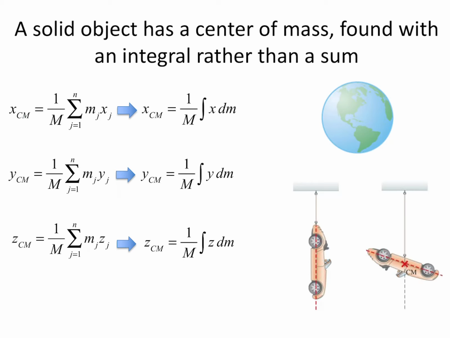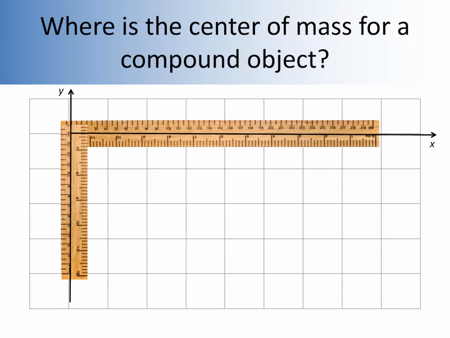Now, if you have a continuous distribution object, you have to use integration. And sometimes the center of mass of the object can be outside of the object itself. For example, this ruler, the center of mass should be somewhere here, outside of this ruler.